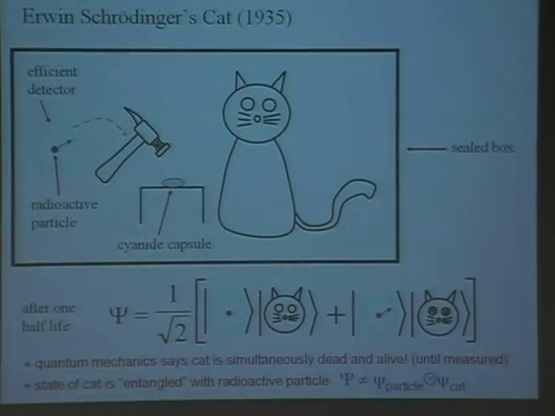And what quantum mechanics tells us is that the only thing we can say after a time equal to one half-life is that we end up with a wave function where there's an equal superposition of the particle not having decayed and the cat alive, and also an equal component of the particle decayed and now the cat dead.